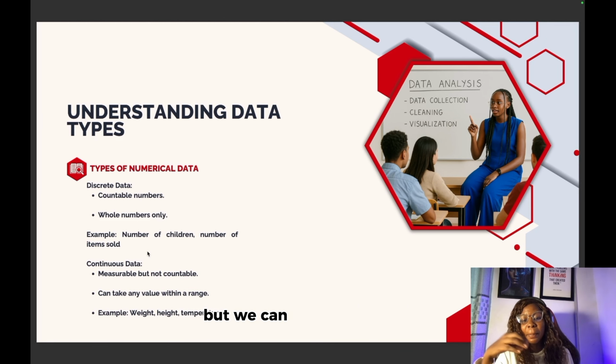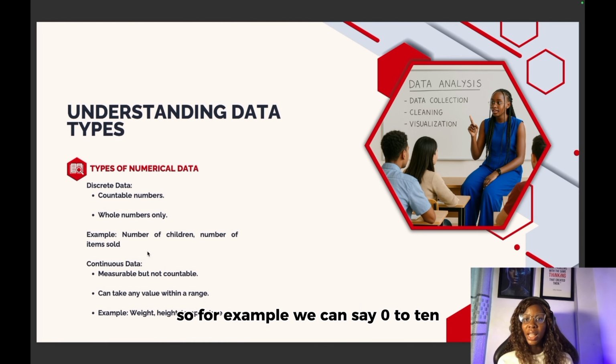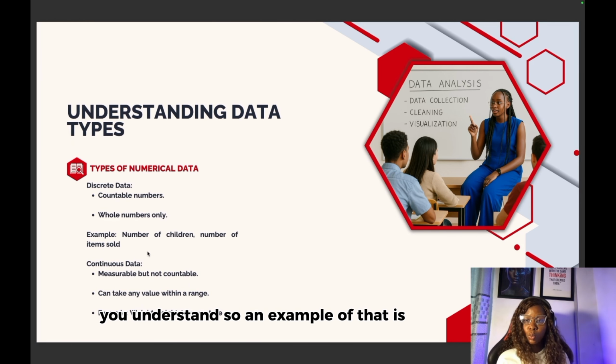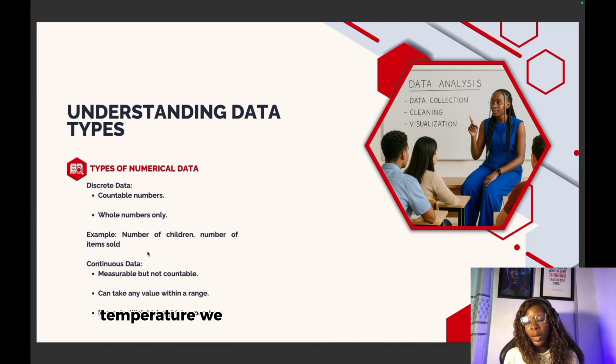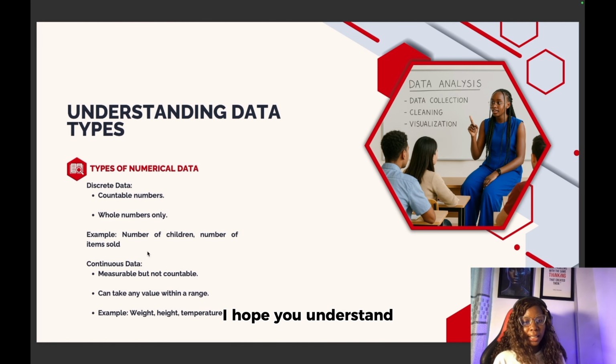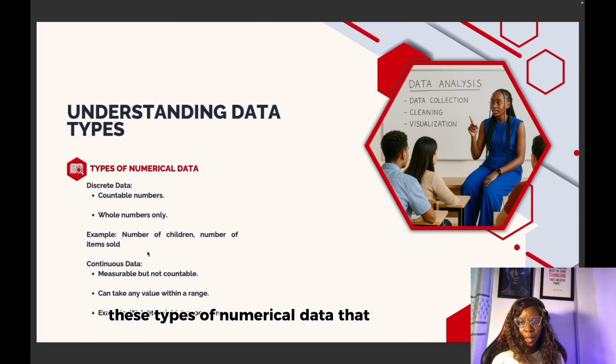But we can measure it. It can take any value within a range. For example, we can say 0 to 10. Those are not countable, but they have a range. An example of that is weight, height, temperature. We can measure it, but we cannot count it. I hope you understand these types of numerical data that we just discussed.